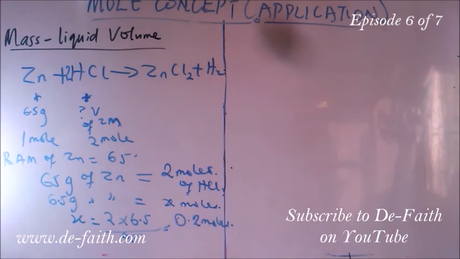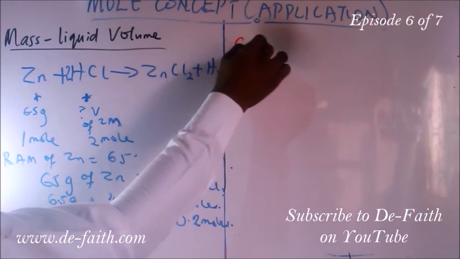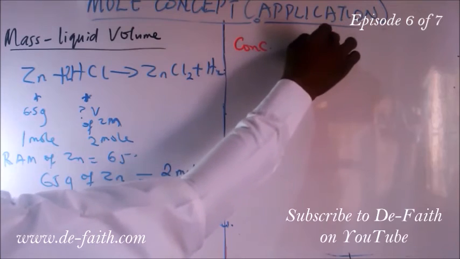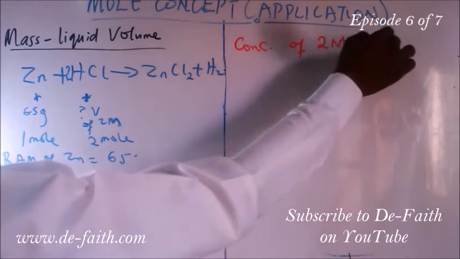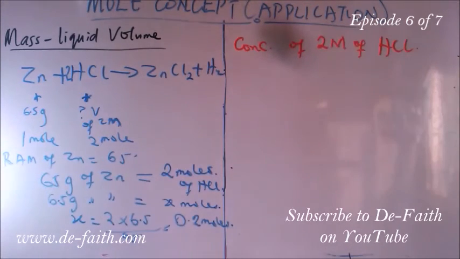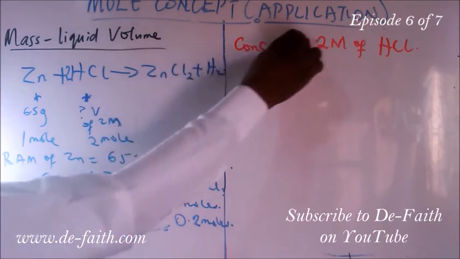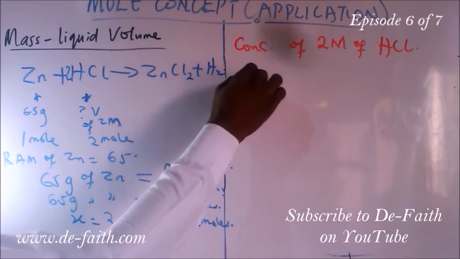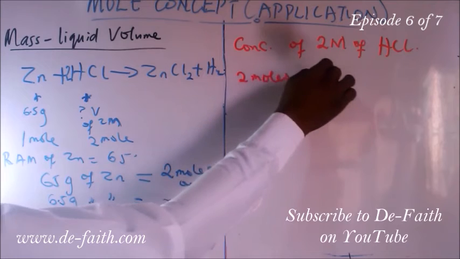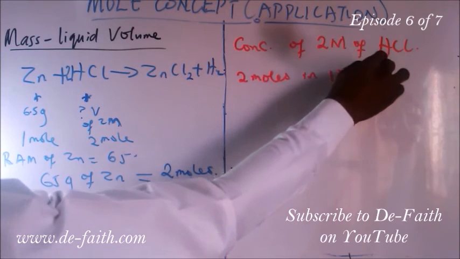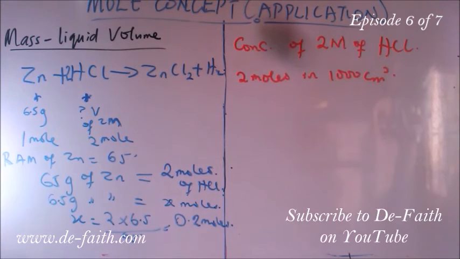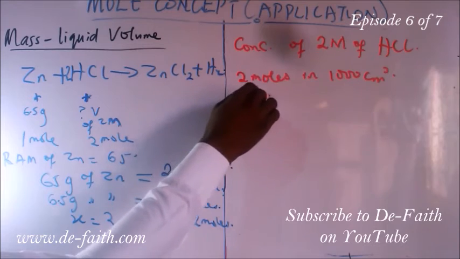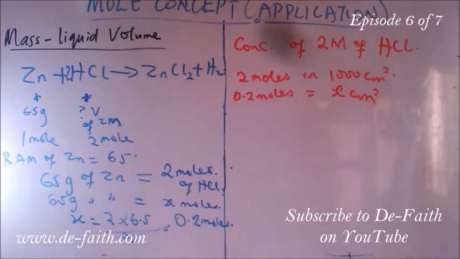So from this question we need 0.2 moles of hydrochloric acid to react with 6.5 gram of zinc, and we're given a concentration of 2 molar of hydrochloric acid. Now we have to find the volume. Over here, this 2 molar means 2 moles in 1000 cm cubed. That is the standard. So if you have 0.2 moles, what is the volume for that?